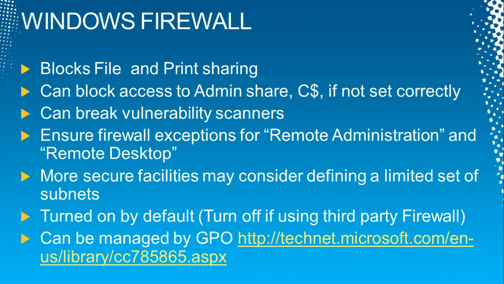Admin share, a big one that I found when we put these settings on was that it broke their security scanning tool, which I think they were running McAfee's tool. Because it shuts down access to these shares and stuff, that tool broke. So be aware.